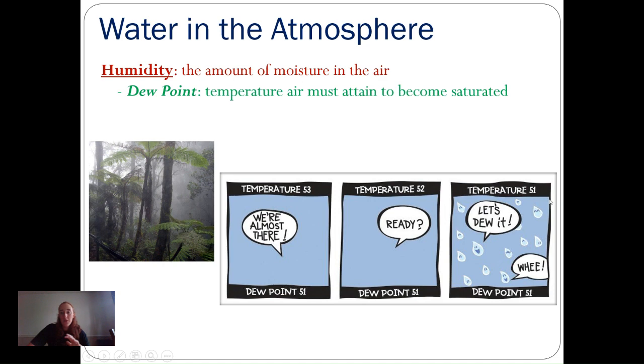As soon as the temperature of the air is 51 and that equals the dew point, which is also 51 degrees, this is the point at which moisture can form. So you will get fog, you will get clouds, you will get rain when the dew point equals the temperature of the actual air in the atmosphere. If the dew point and the temperature aren't the same, you won't get fog, you won't get condensation, you won't get rain. They have to be equal.